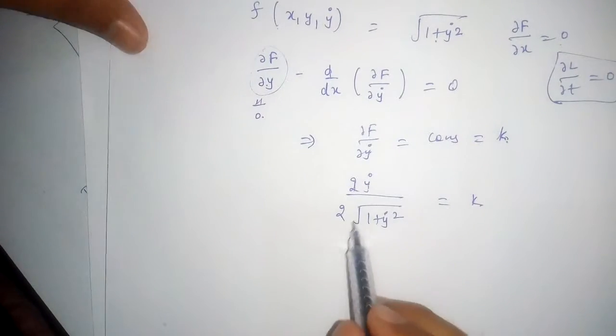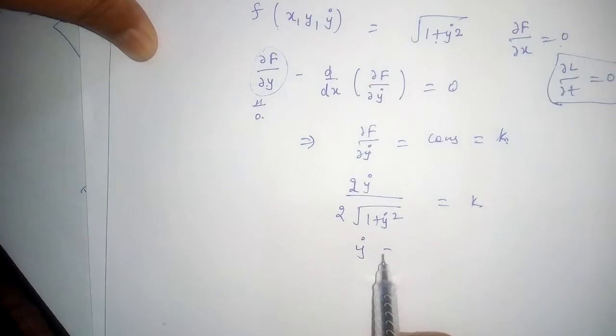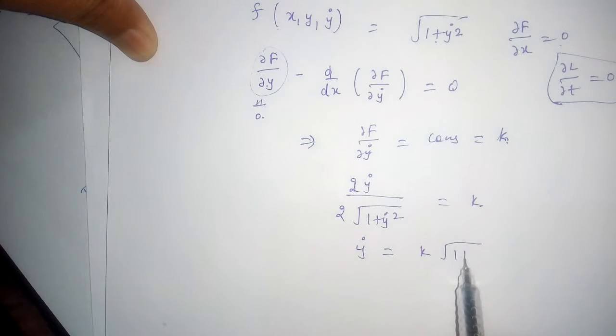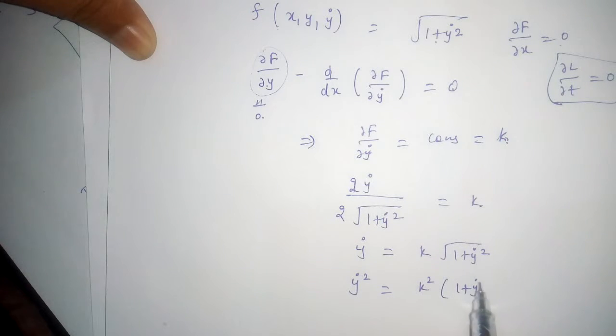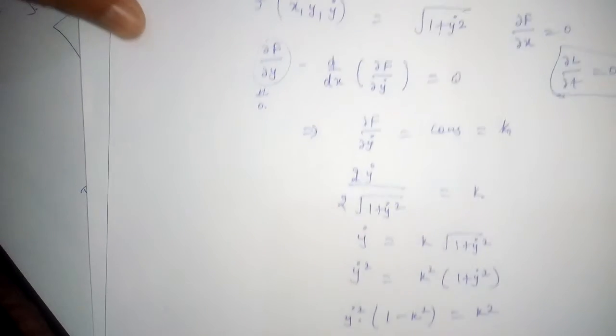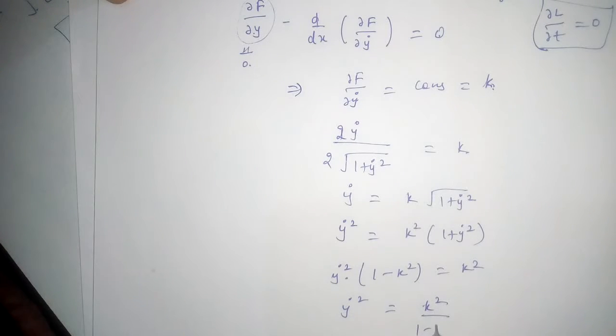Then simplify it. y dot equals k times square root of 1 plus y dot square. Squaring both sides, y dot square equals k square times 1 plus y dot square. Taking common, y dot square times 1 minus k square equals k square, so y dot square equals k square upon 1 minus k square.